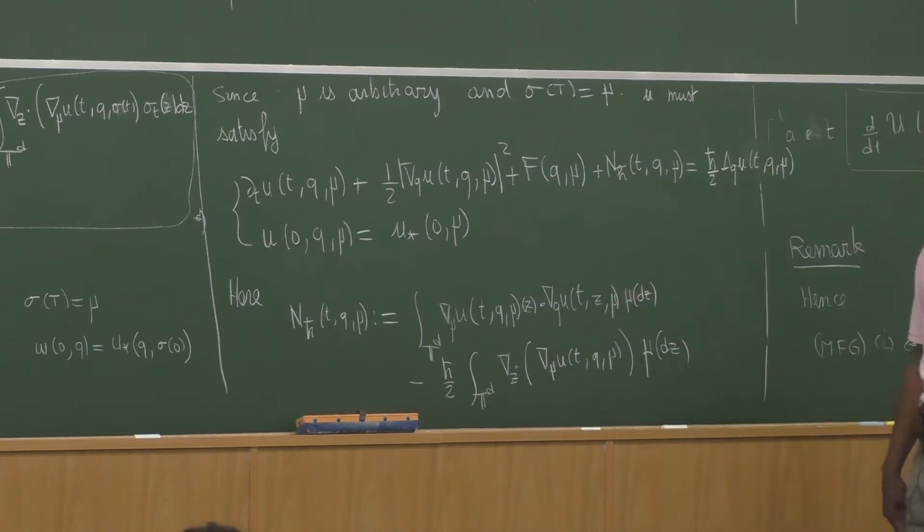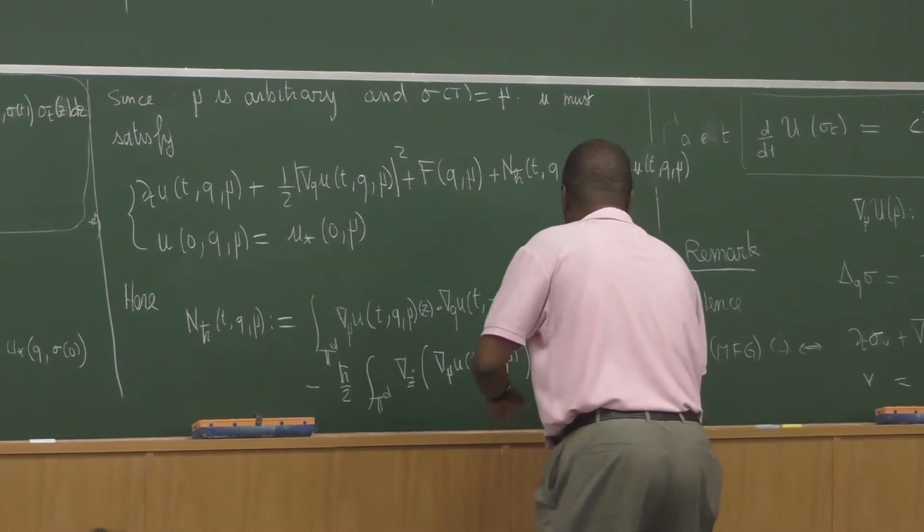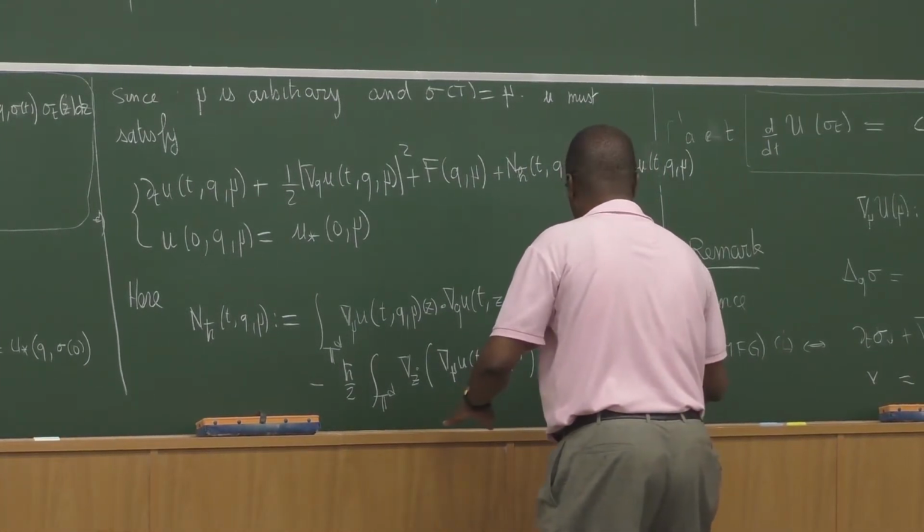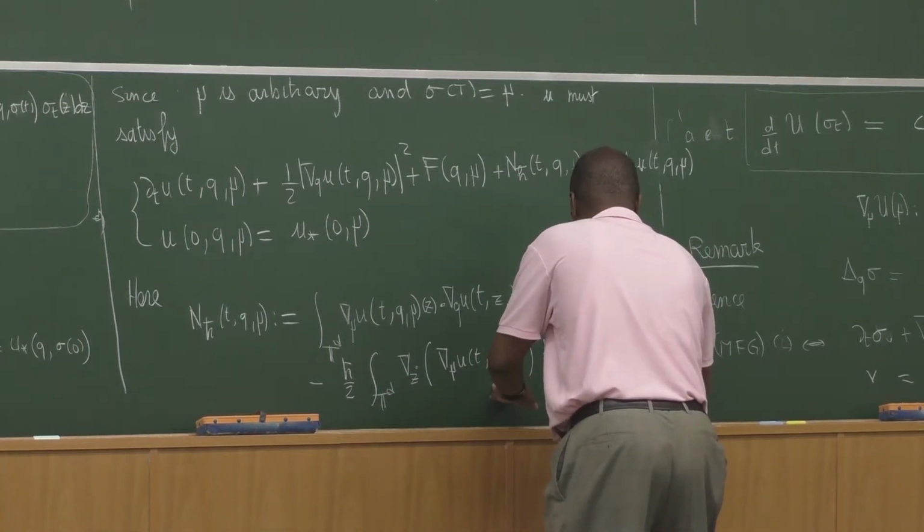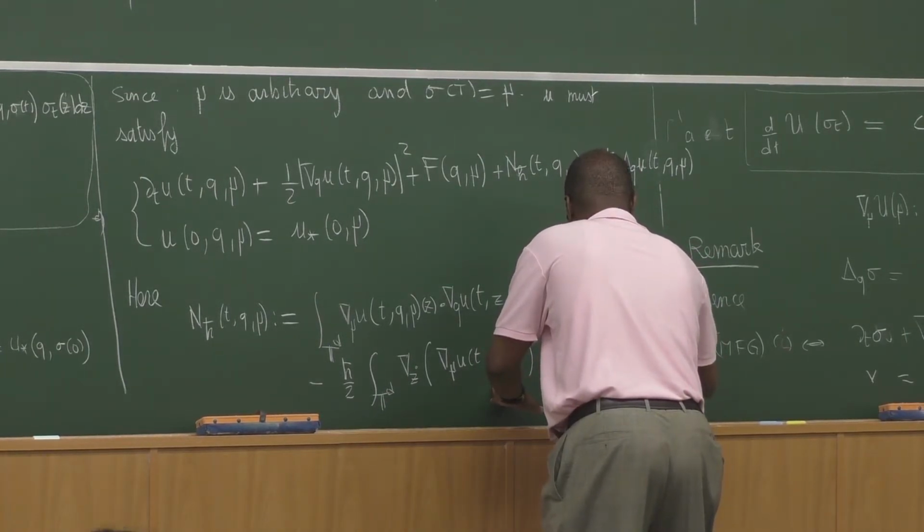And this is a non-local operator, which you can write as n h bar. It depends on gradient q of u, and it depends on gradient mu of u.